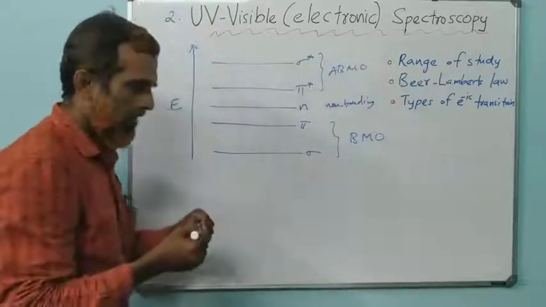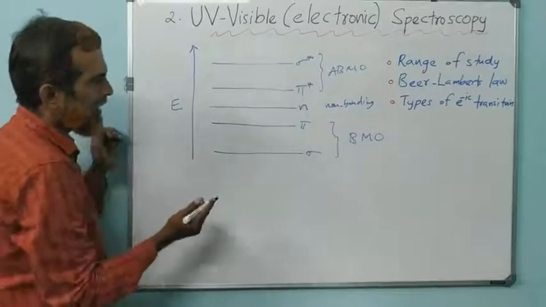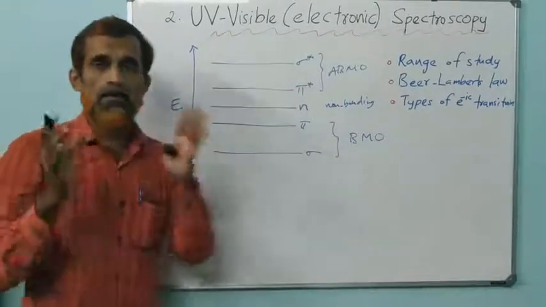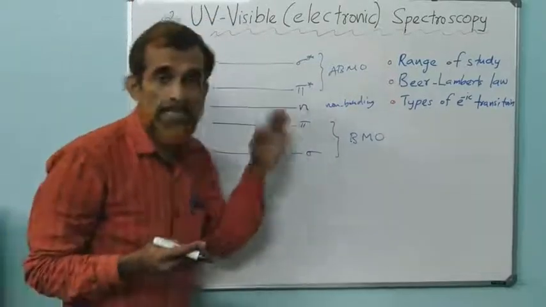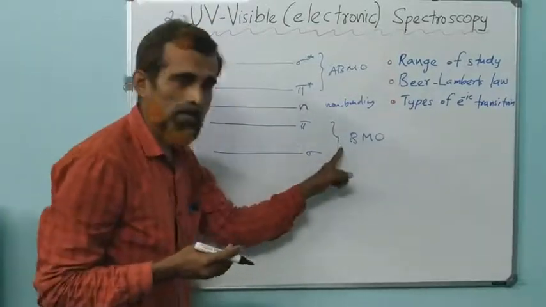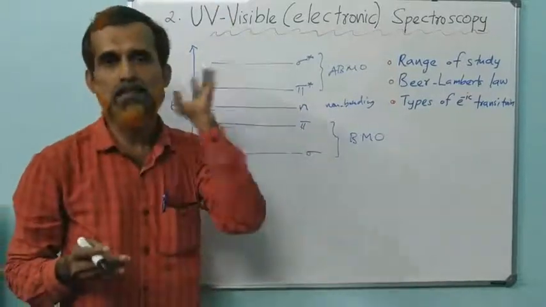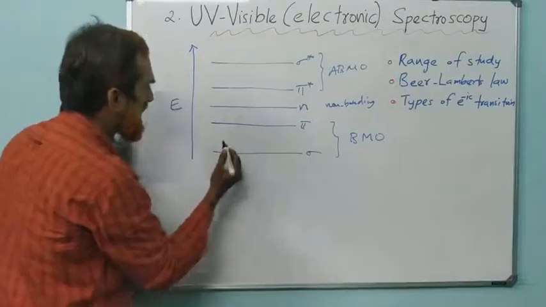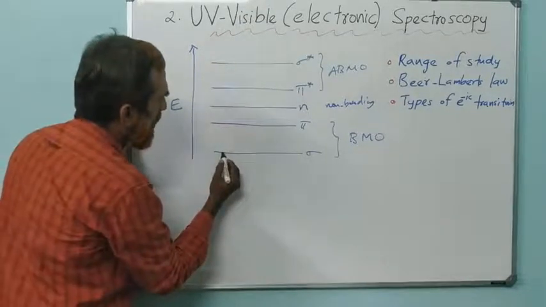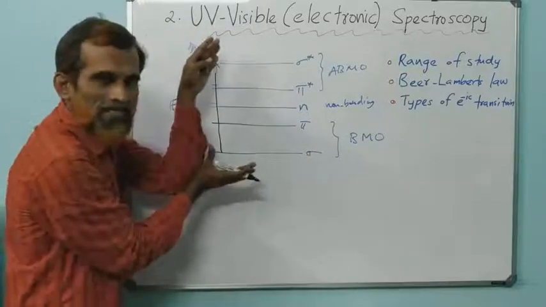Okay, now showing various transitions. See, the selection rule is that electronic transition always takes place from either bonding or non-bonding orbitals to anti-bonding. So the transition having maximum energy gap is which one? From sigma to sigma star, it has the maximum energy gap.